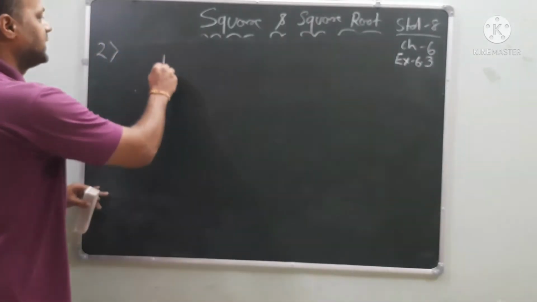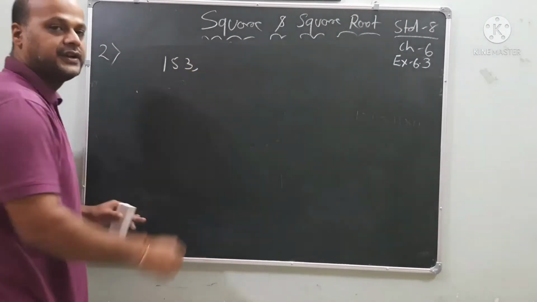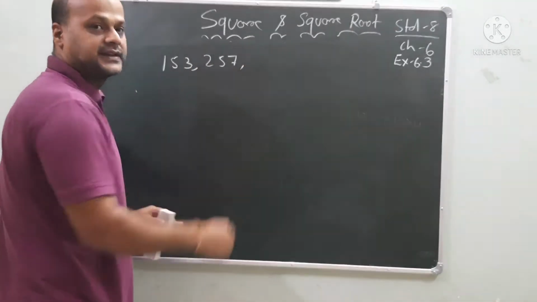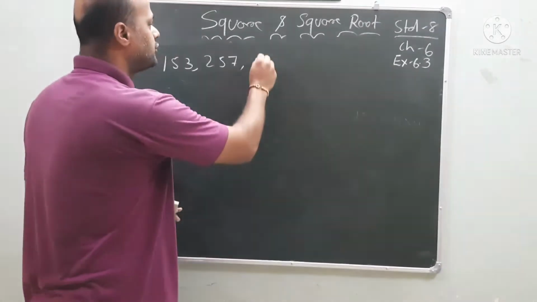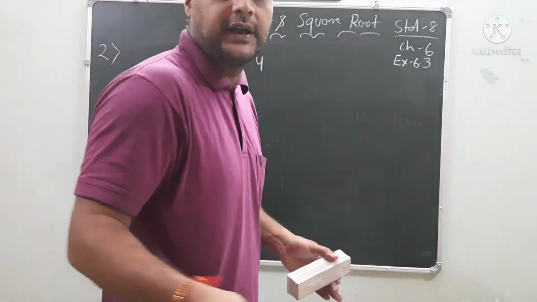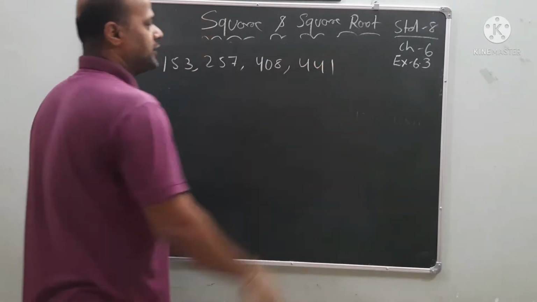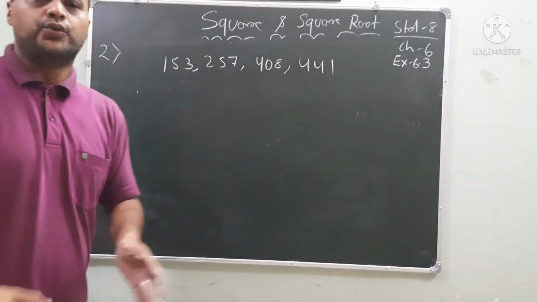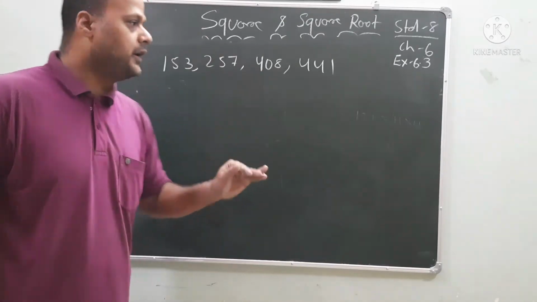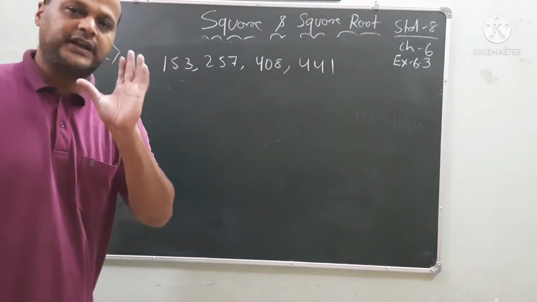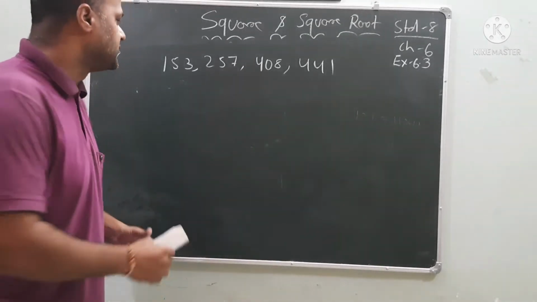Here the numbers given are 153, 257, 408 and 441. It is asking which one is not a perfect square number, and the reason is only a single reason.